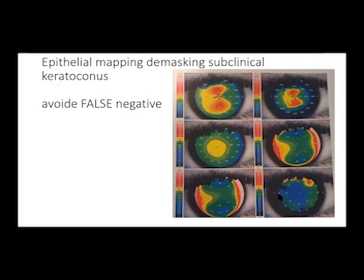But as we have this thinning in the center of the epithelial map, it means there may be an early keratoconus, and this is maybe a false negative. In this case, we should avoid LASIK.